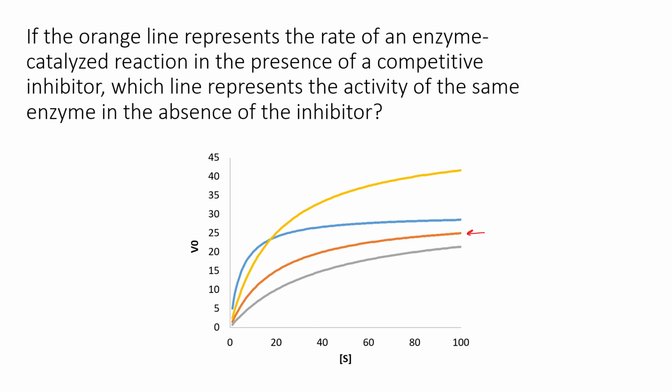Okay, so let's consider all these different lines. As we recall, for our competitive inhibitor, our Km is increasing, but our Vmax is staying the same. So we want to identify the other curve on this graph, and this is in the presence of a competitive inhibitor.